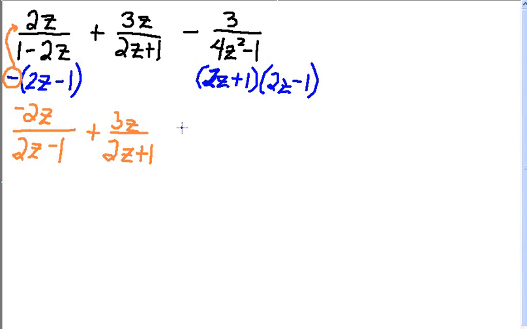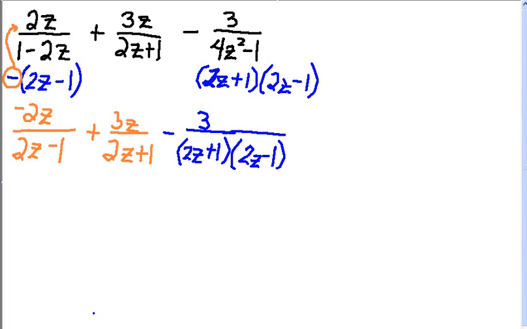So that is what my last term is. I'm subtracting 3 over 2z plus 1 times 2z minus 1.